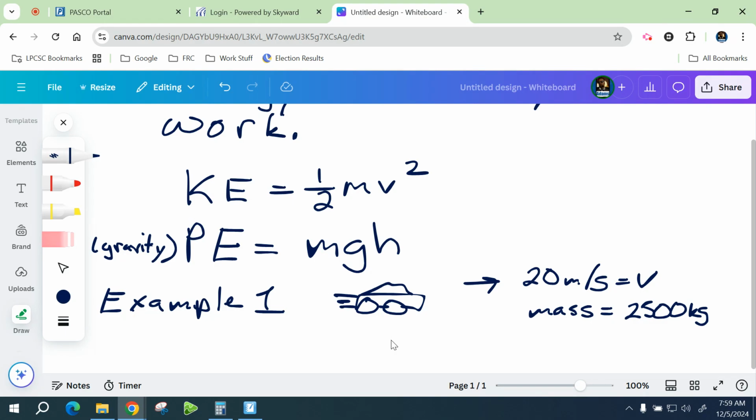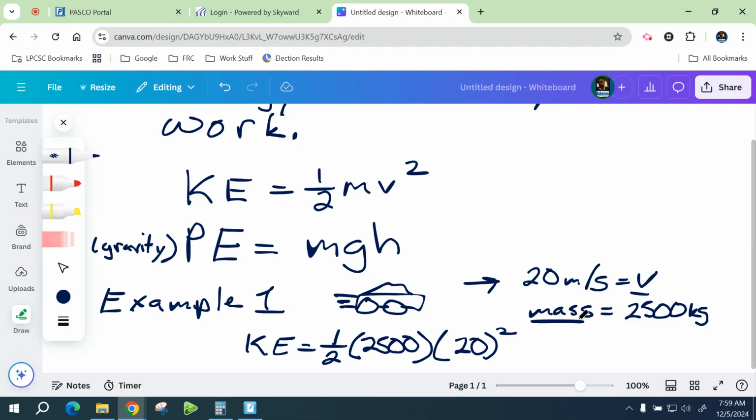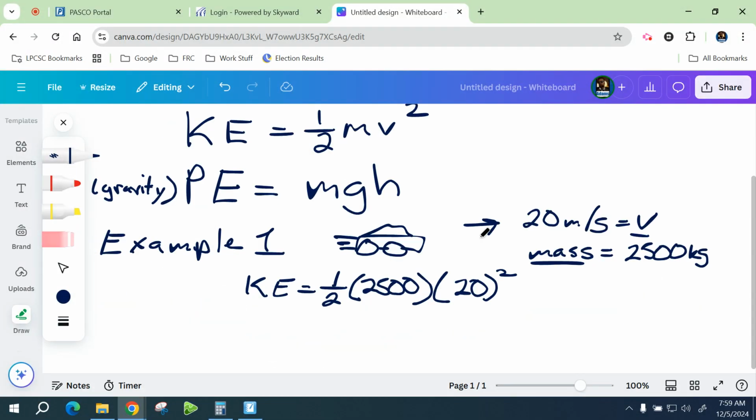Okay. Well, if I wanted to calculate the kinetic energy of this car, I would just say 1/2 times the mass, which is 2,500, times 20 squared, right? So I'm just taking V and M and plugging it into the equation. So now let's do that on our calculator real quick.